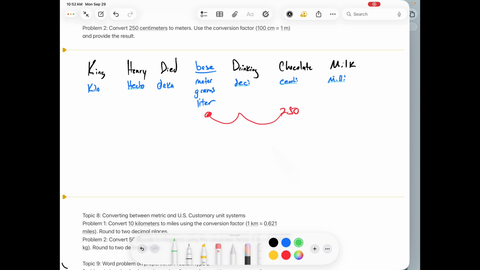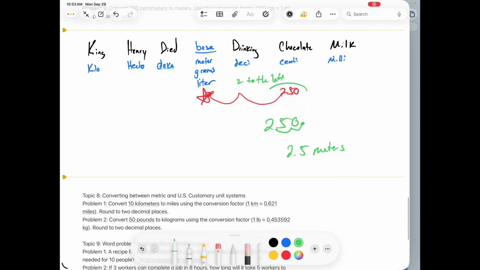So if my decimal is normally right here at the end, I move it 1, 2 to the left. Okay? So my answer would be 2.5 meters. So you put where you start, you put where you finish, and you just count. If I go 4 to the left, then I move my decimal 4 to the left.